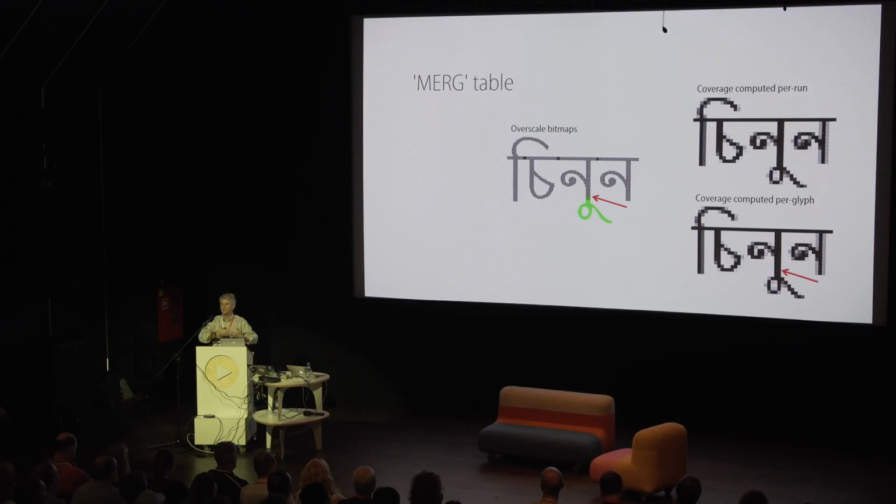But if the glyphs are overlapping, then composing after the filtering can produce artifacts. And so you want to know cases where you should be merging the glyphs together before you do the filtering. And so the merge table is a way of indicating in the font those things that should be merged before filtering. This also isn't new. We've been supporting this in Windows since Windows 8.1. We just somehow forgot to add it into the OpenType spec.